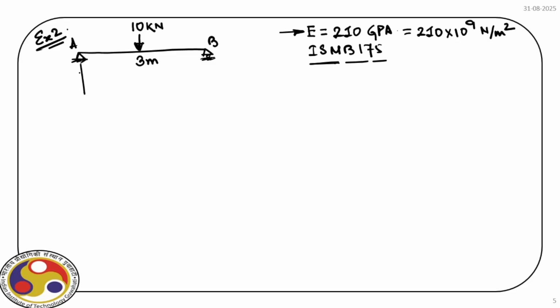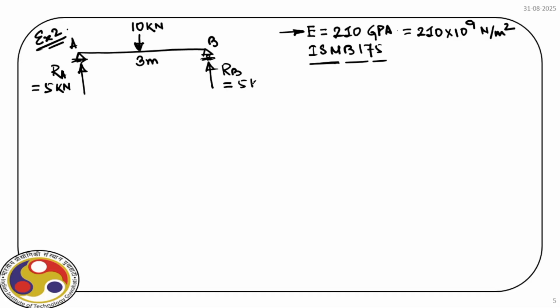So as the beam is simply supported, we have reactions at the two ends. So RA and RB. Now RA is 5 kilonewton because it's a simply supported beam with a point load at the middle. So the reactions will be half of the load applied. 10 kilonewton is the load.